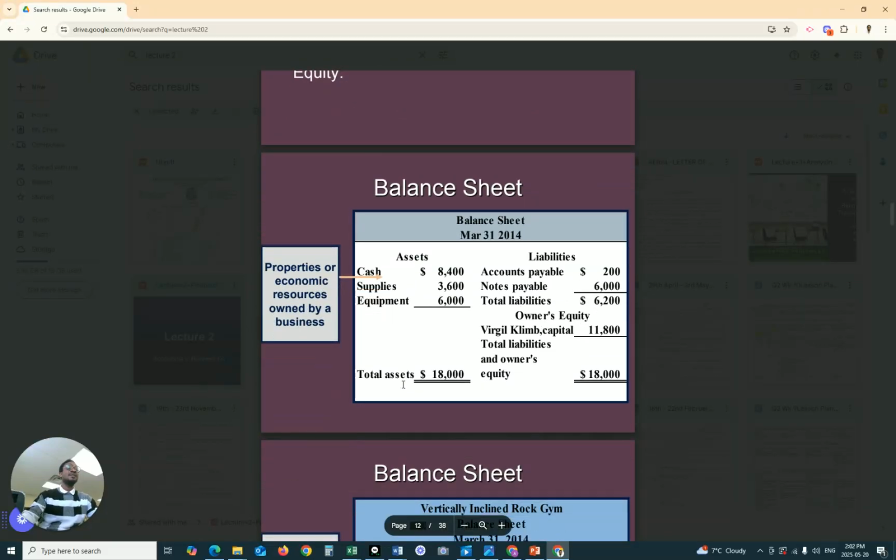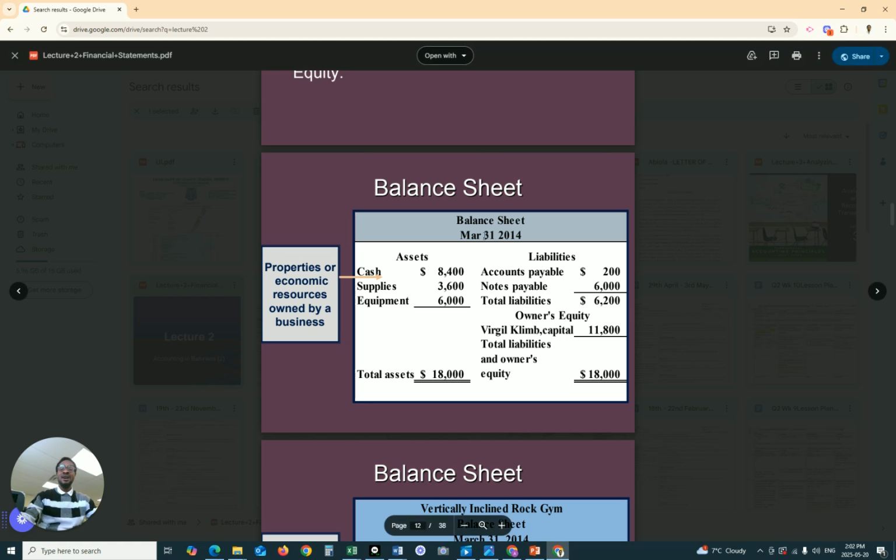So let's look at this. It shows assets. Assets are resources owned by a business or owed to a business. So cash is an asset, and supplies, equipment, and accounts receivable are all assets of a business.